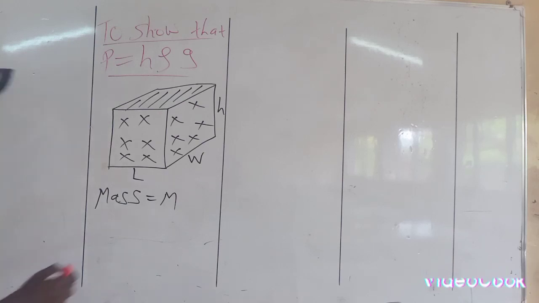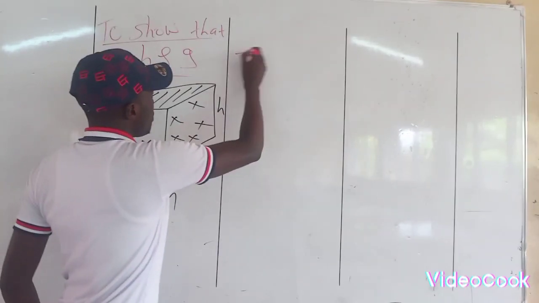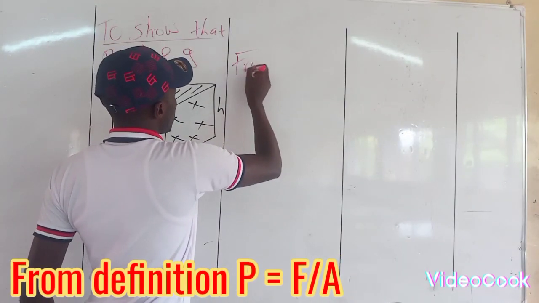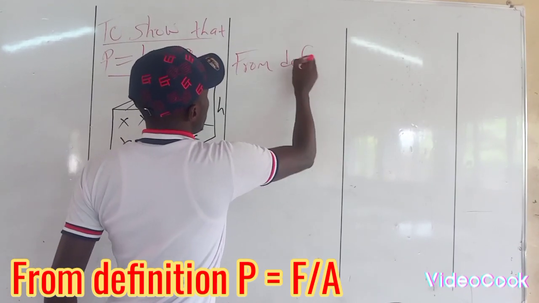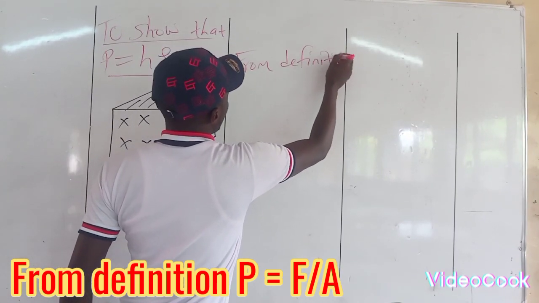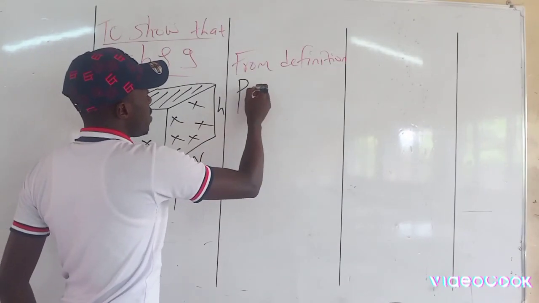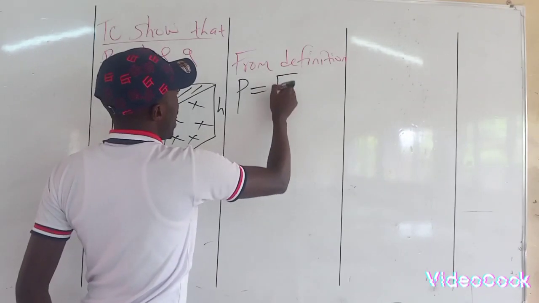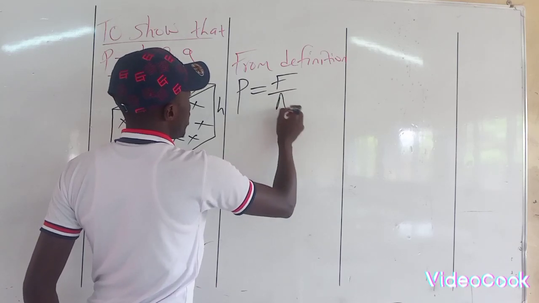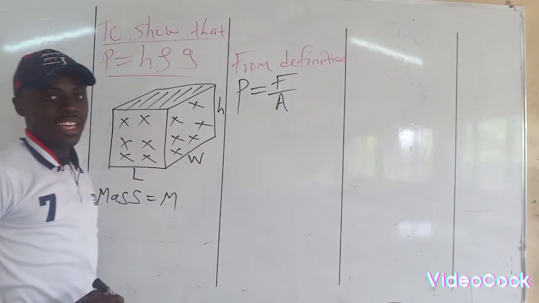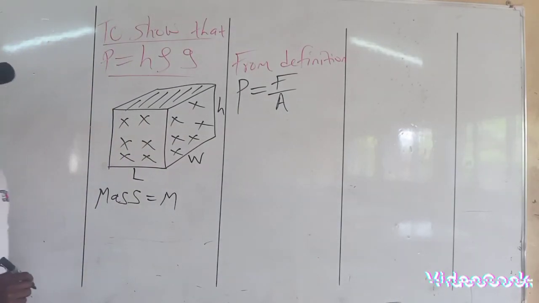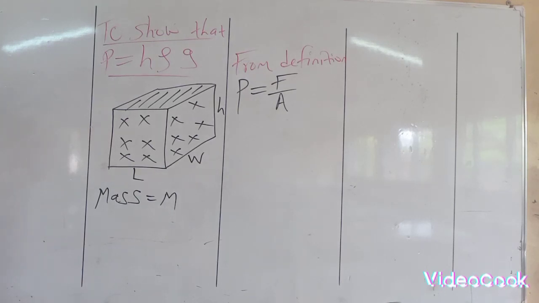So it is right to say from the definition, pressure is given by force acting perpendicularly per unit area.